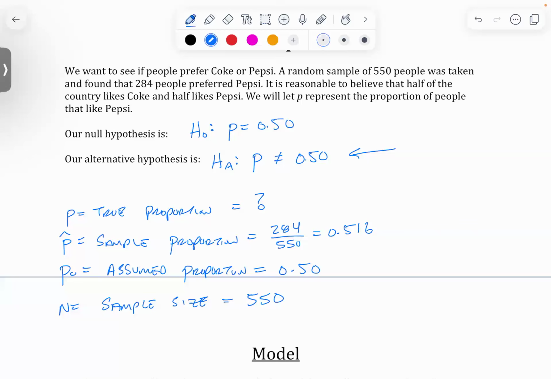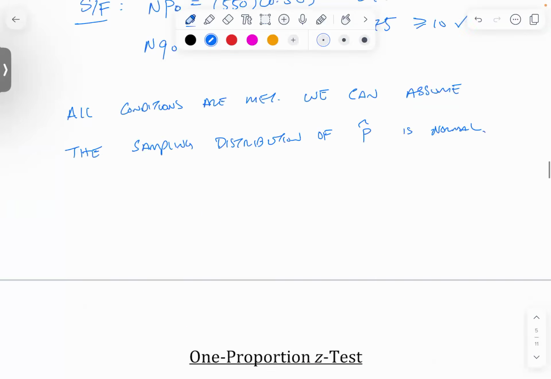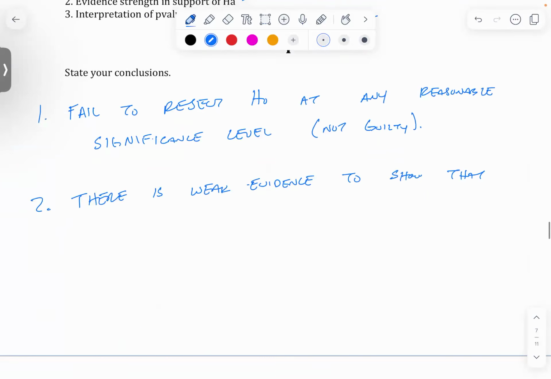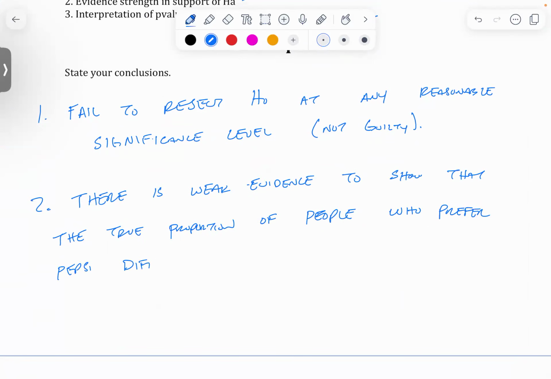What does p not equal to 0.5 mean in context? There's weak evidence to show that the true proportion of people who prefer Pepsi differs from 50%.